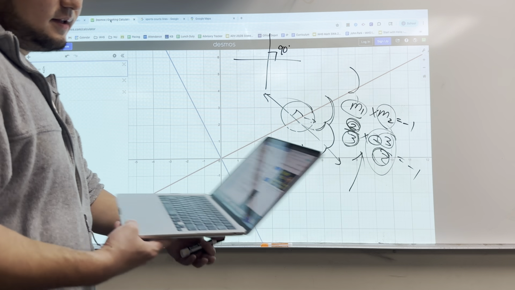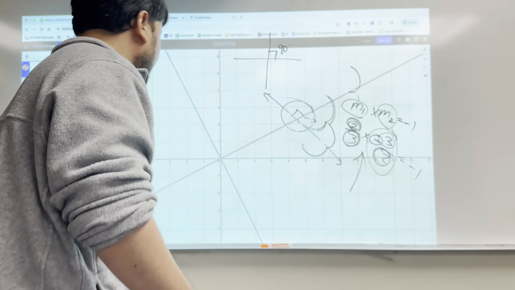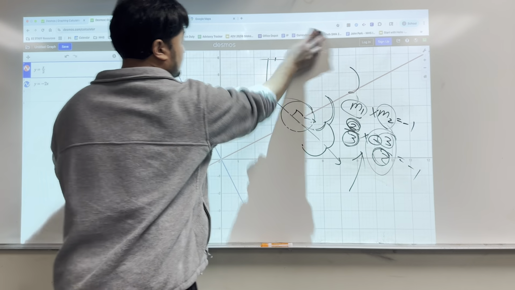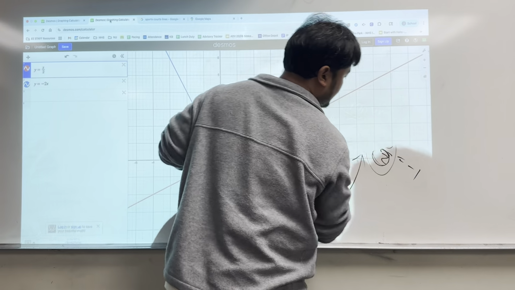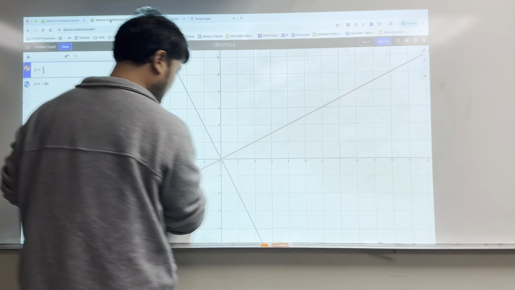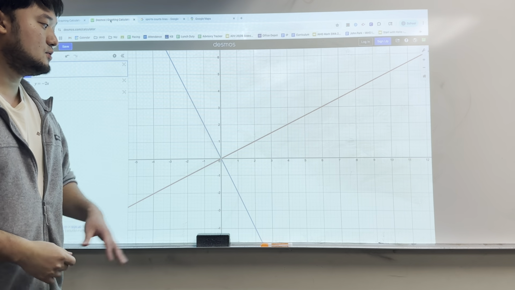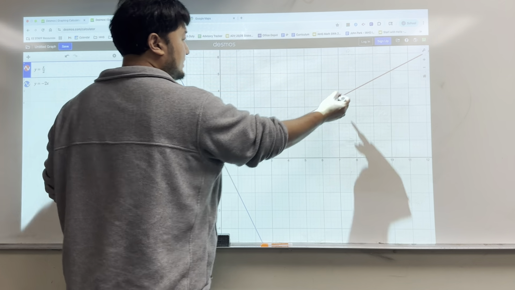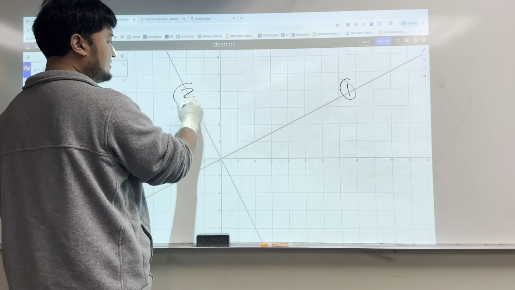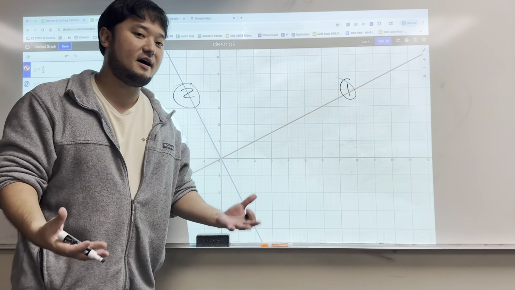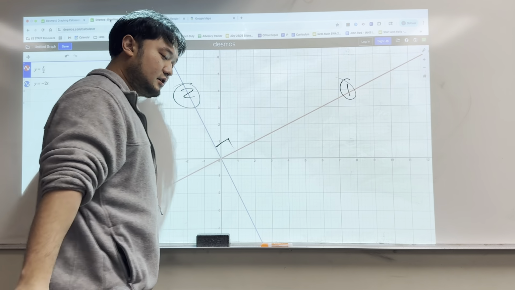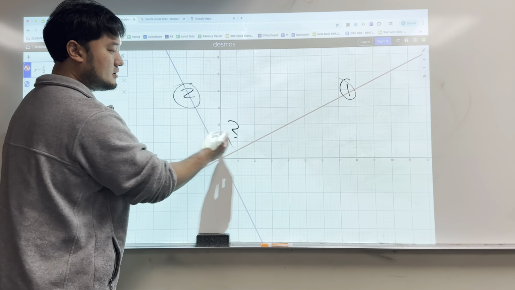All right, so now this is your question. I want you to see if you can say whether line number 1 and line number 2 have a perpendicular relationship.